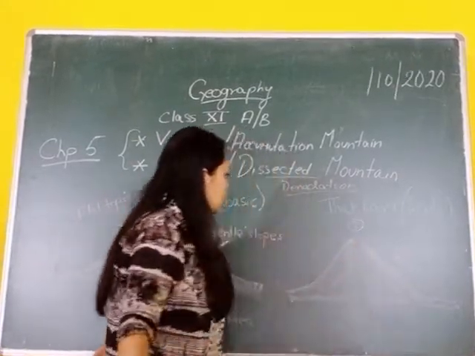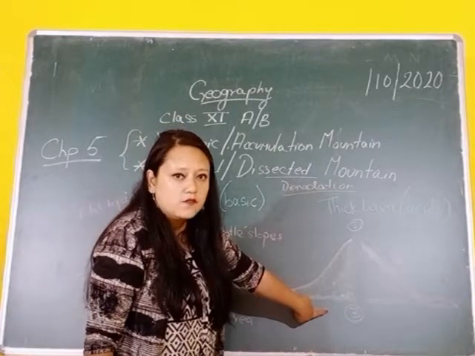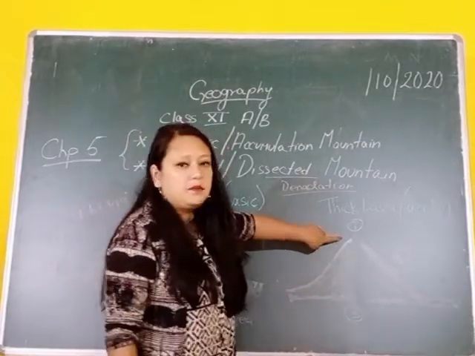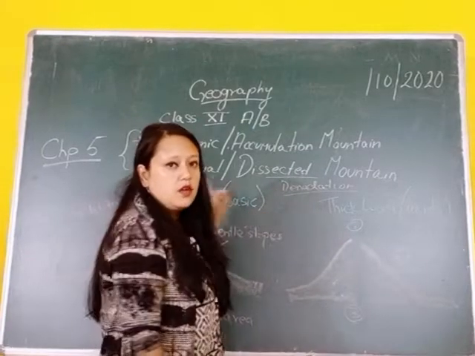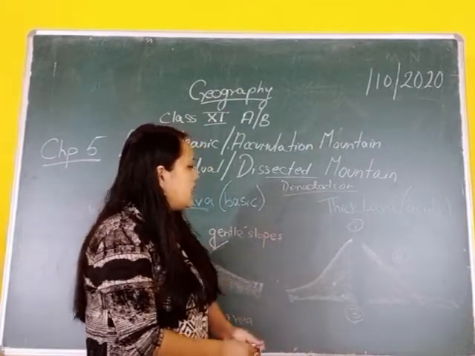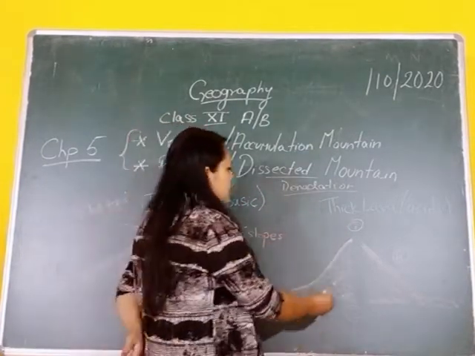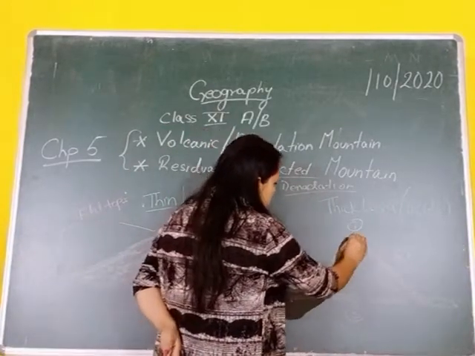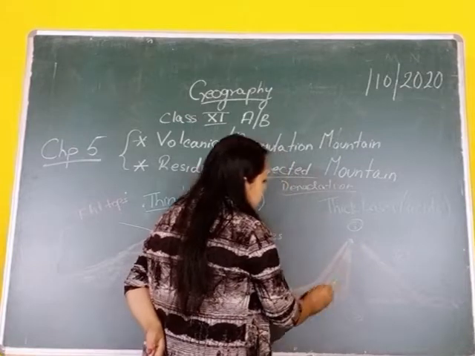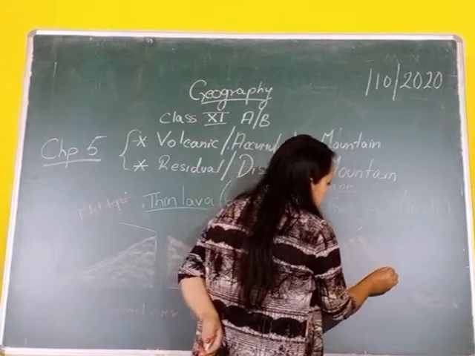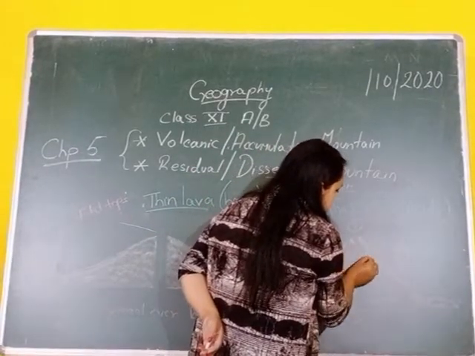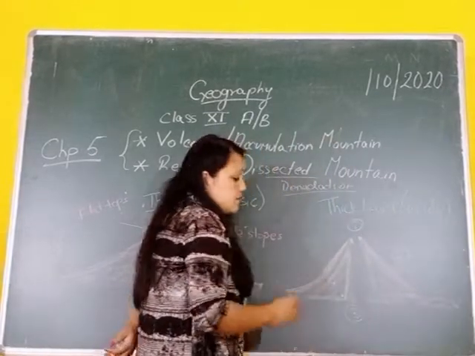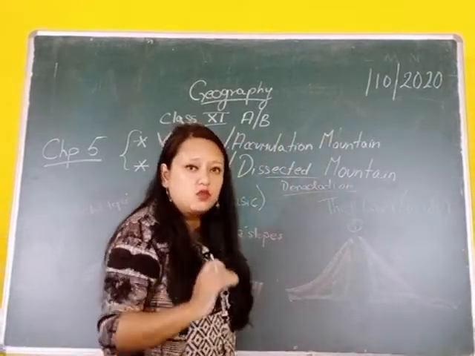In this type of volcano, the lava that flows out of the interior of the earth's surface is extremely thick. So in comparison with the first one, the lava does not flow very quickly. The flowing is extremely slow, because as soon as the lava comes out of the surface, it tends to cool down.